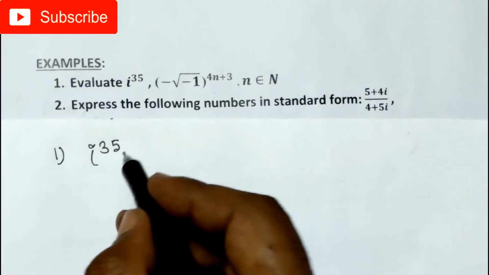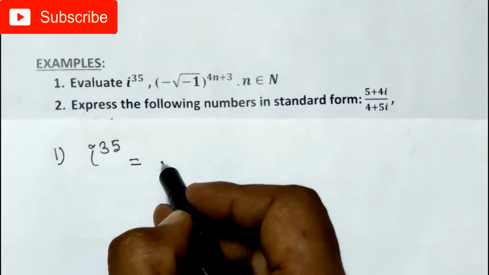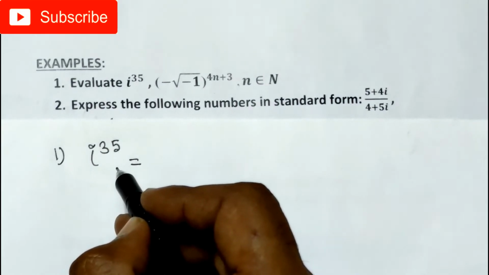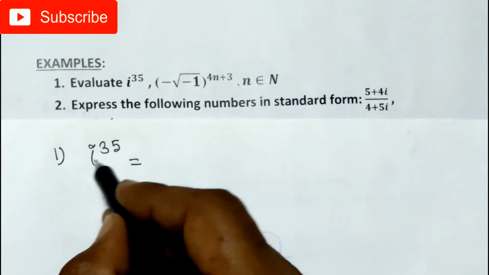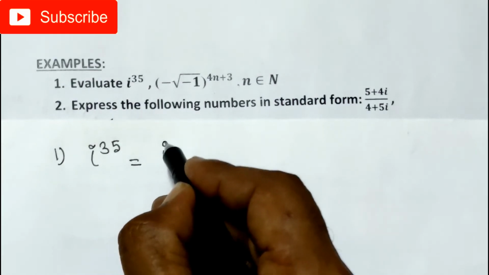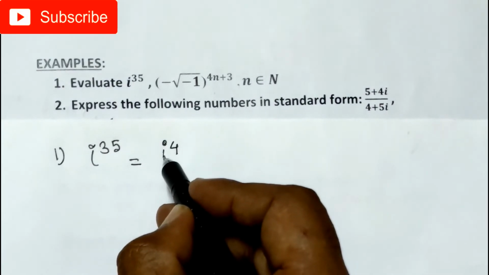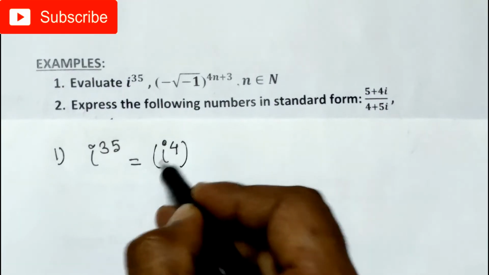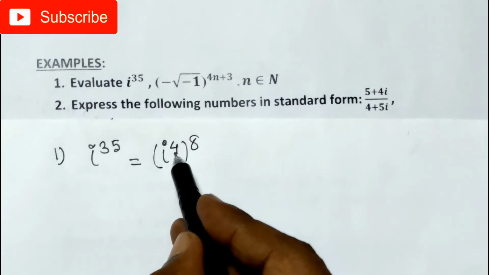How? So iota to the power 35, we know that i to the power 4 equals 1. So you have to make the power of iota a multiple of 4. So let's write iota to the power 4 whole to the power 8, since 4 eights are 32.